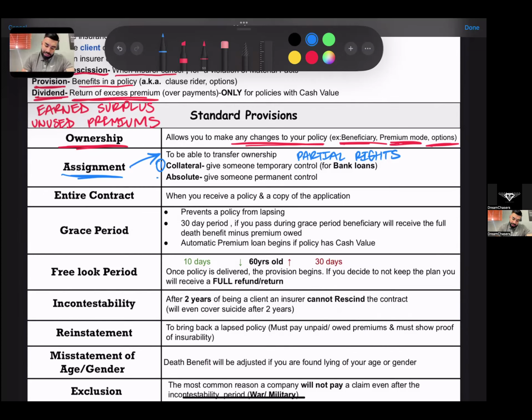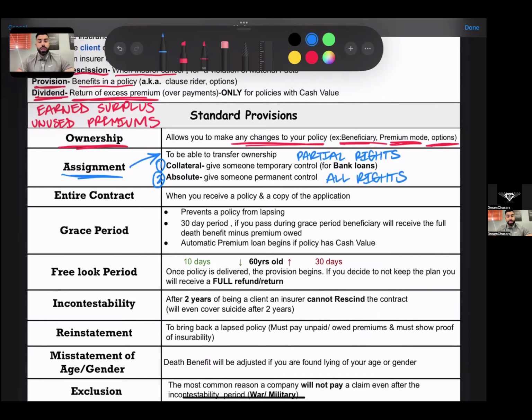Now, the second type of assignment is absolute assignment. Absolute assignment is where you're giving up all rights of your policy to someone else. For example, let's say the husband says, "Hey, I don't want to pay for the life insurance anymore." And the wife says, "Well, you need to have something.